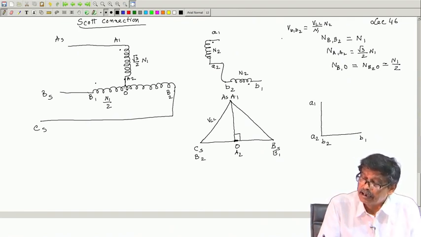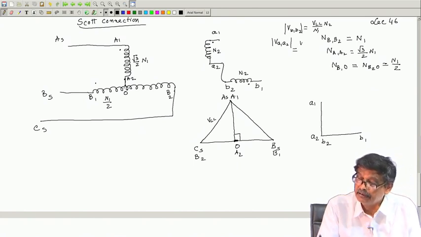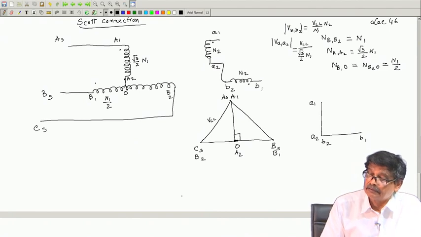What will be the magnitude of the voltage applied across A1 A2? The available voltage across A1 A2 will be the volt per turn of this transformer, which will be VLL by root 3 by 2 into N1, is it not?